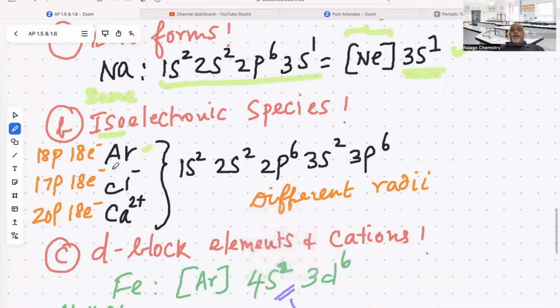So their atomic or ionic radii are going to be different for these species. You should have a very clear picture about this. The ratio of protons to electrons is going to change the radii, and this is going to affect many atomic properties.